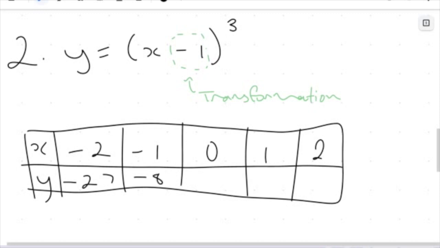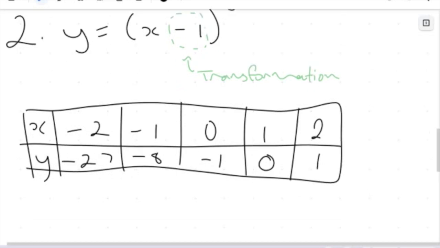If I substitute in 0, I get 0 minus 1, which is -1, cubed gives me -1. Substituting in 1, this gives me 1 minus 1, which is 0. Cubing 0 just gives me 0. And substituting in 2, I get 2 minus 1 is 1, cubed gives me 1.